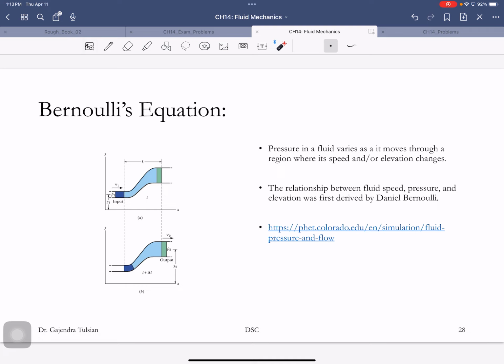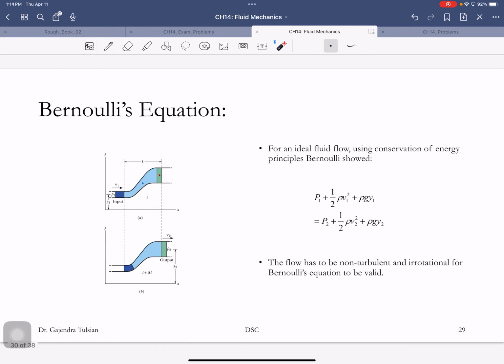All that is taken into account by Mr. Bernoulli. What he realized was the following: for a fluid moving in this situation, if you take the pressure at any location, the kinetic energy per unit volume, and the potential energy per unit volume, the sum of those three quantities is the same at every point.